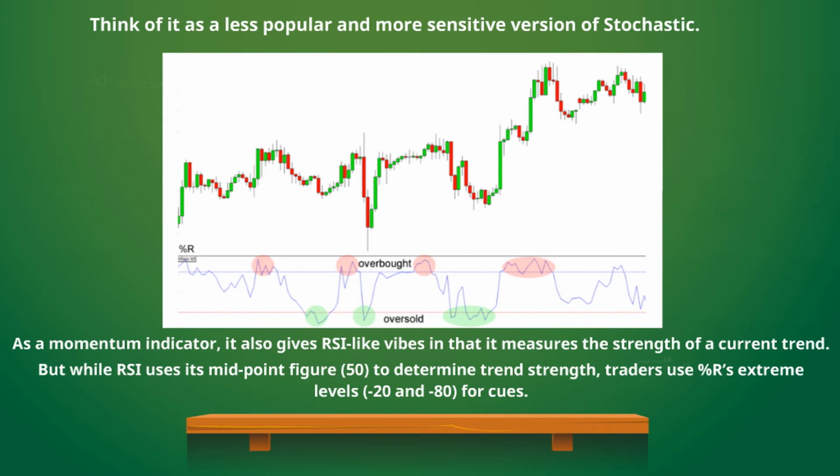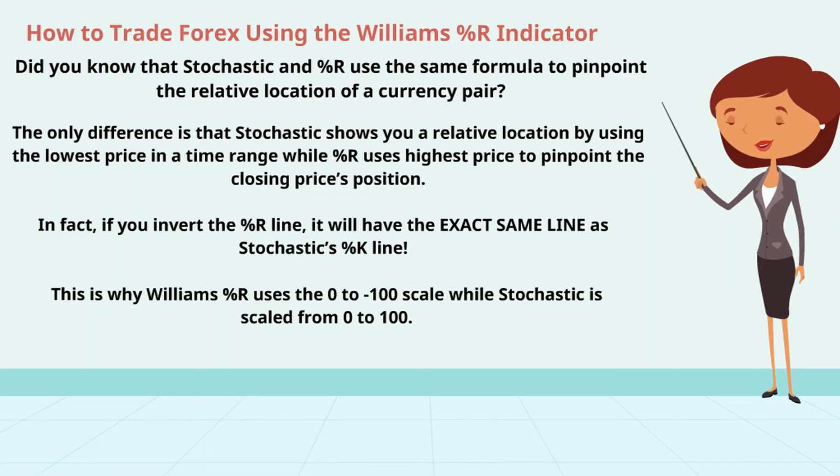As a momentum indicator, it also gives RSI-like vibes in that it measures the strength of a current trend. But while RSI uses its midpoint figure, 50, to determine trend strength, traders use %R's extreme levels, -20 and -80, for cues. Let's discuss how to trade Forex using the Williams %R indicator.